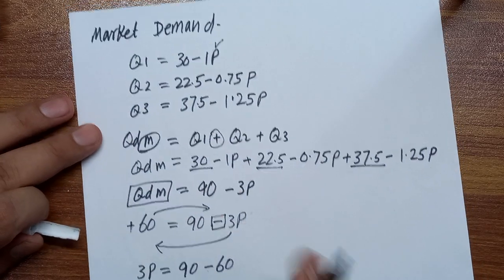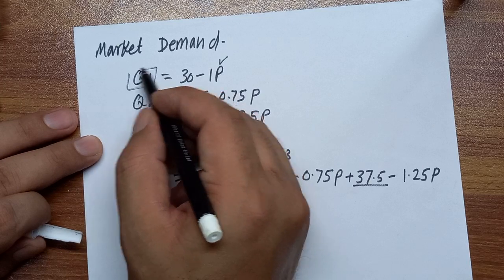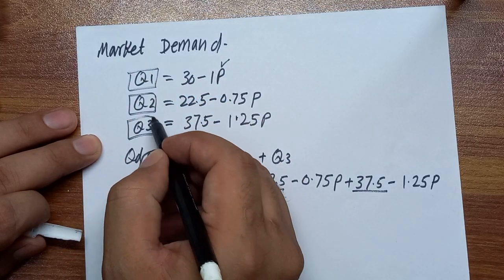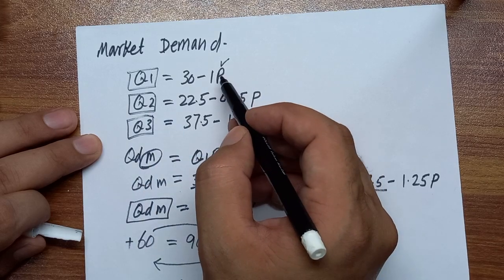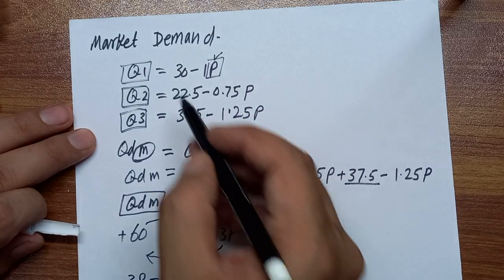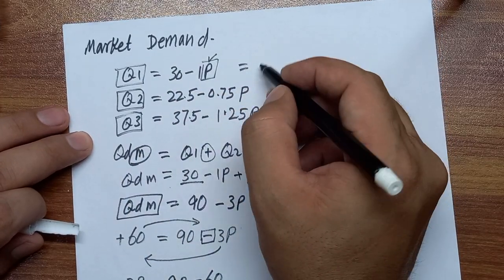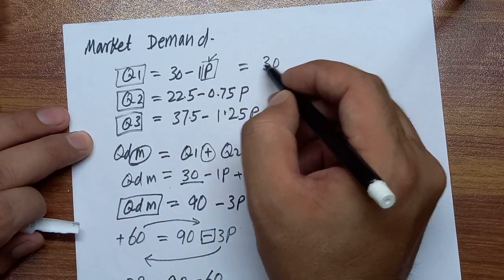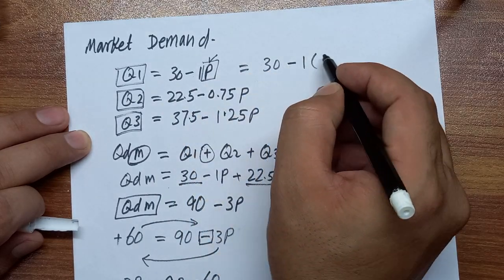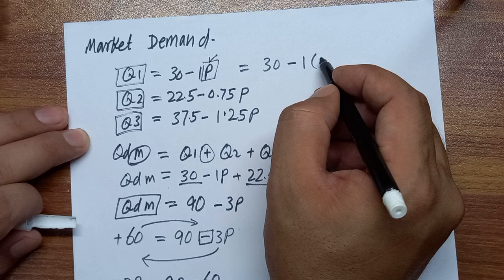Now we can easily find quantity demand 1, quantity demand 2, quantity demand 3 by placing the value of p in this formula. Let's say the first, Q1, is 30 minus 1, and instead of p I will put the value of p.